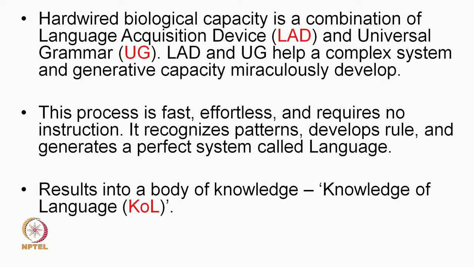Universal grammar, on the other hand, is a set of underlying rules which are both universal and parametric together. The universal rules, universal patterns of language, are responsible for similarities between different languages, and parameters are responsible for accounting for differences between different languages.